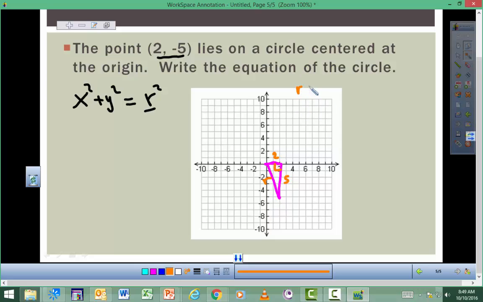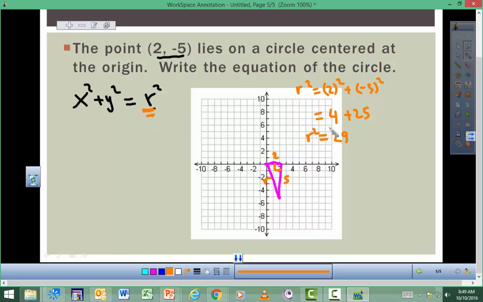So we could say r squared is equal to 2 squared plus negative 5 squared. And so that's equal to 4 plus 25, which equals 29. Now again, since you have r squared now, don't take the square root, because you actually want r squared over here, you see?